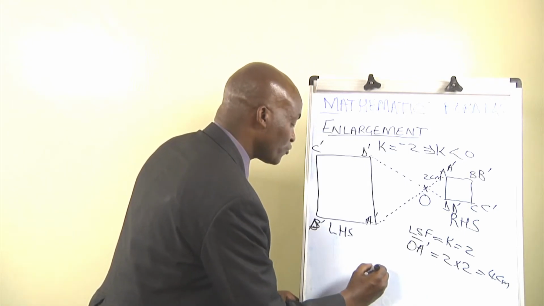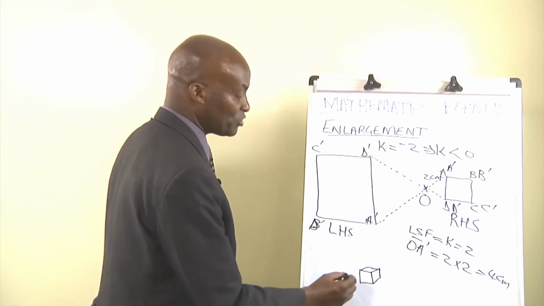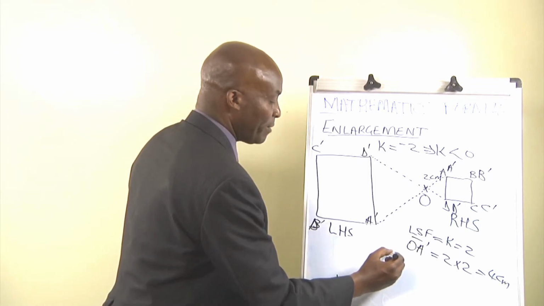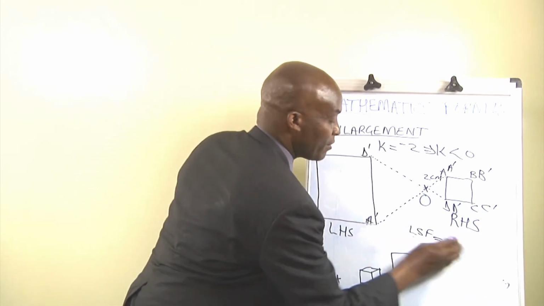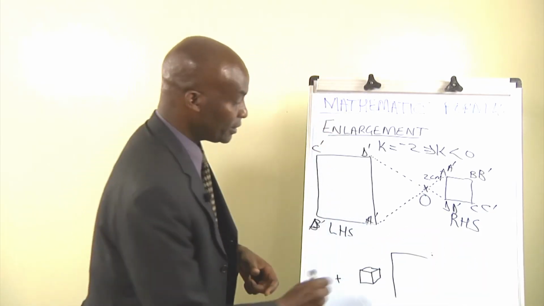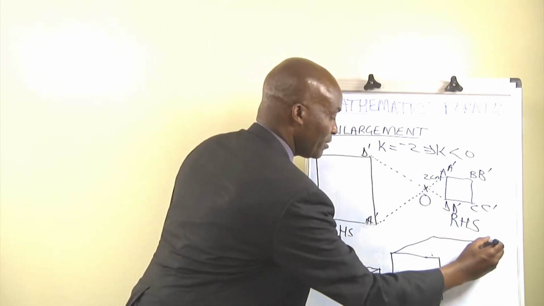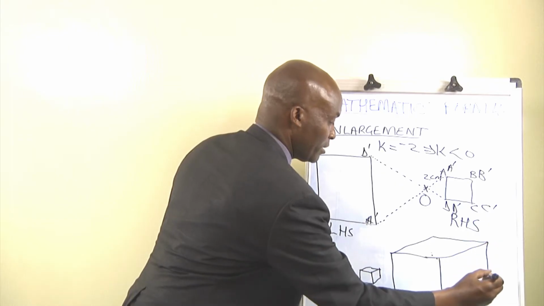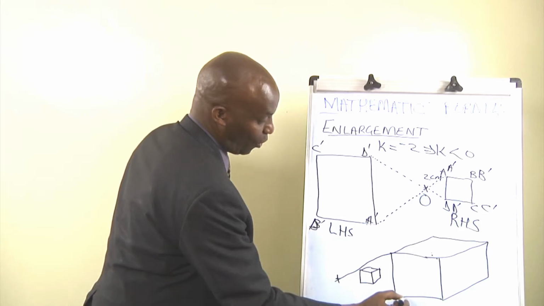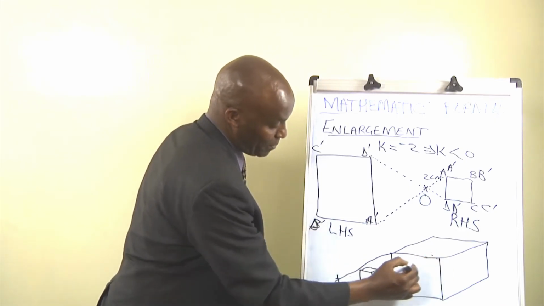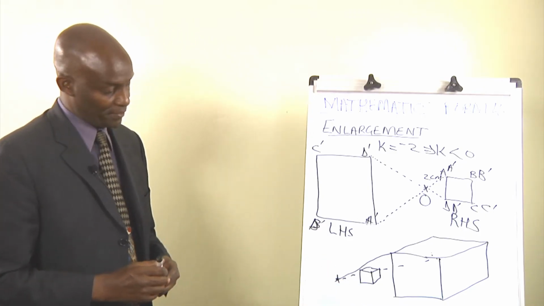We have an enlargement for a cube, and we choose a center of enlargement and multiply by 2, so that you have now a bigger cube. Then the center of enlargement will be there. So all these points, the vertices, will be on the same straight line with the center of enlargement.